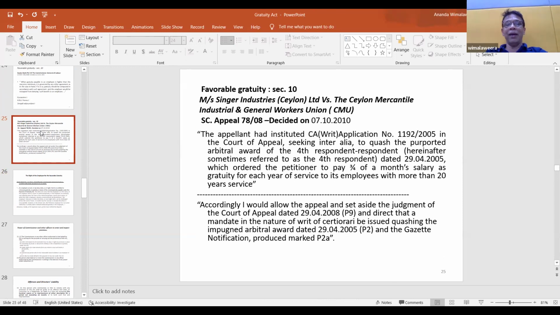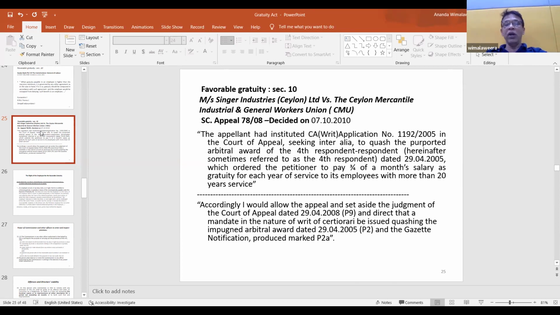The appellant had instituted a Court of Appeal writ application seeking inter alia to quash the purported arbitral award of the fourth respondent, which ordered the petitioner to pay, it's not an arbitrator, the Labor Department Commissioner General, ordered to pay 3/4 of the month's salary as gratuity for each year of service to its employees with more than 20 years.